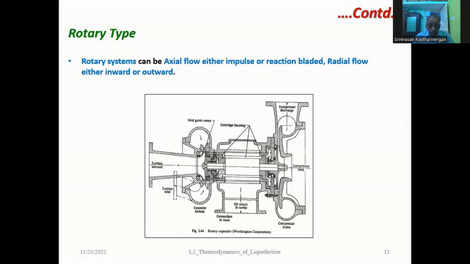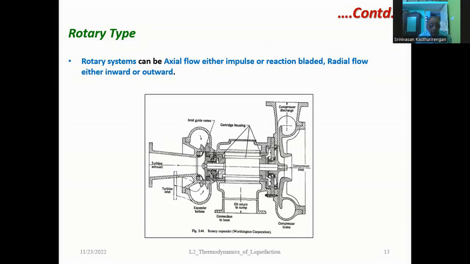This work output is used for compressing a gas at the opposite end of the crankshaft, where a compressor blade is also attached. So you get a high pressure gas at the exhaust point on this side, and the compressor discharge will now have a high pressure. So on one side of the system you have the expander, and on the opposite side you have the compressor.